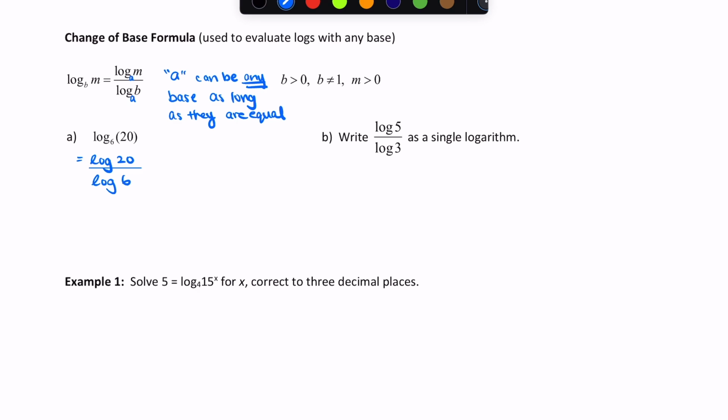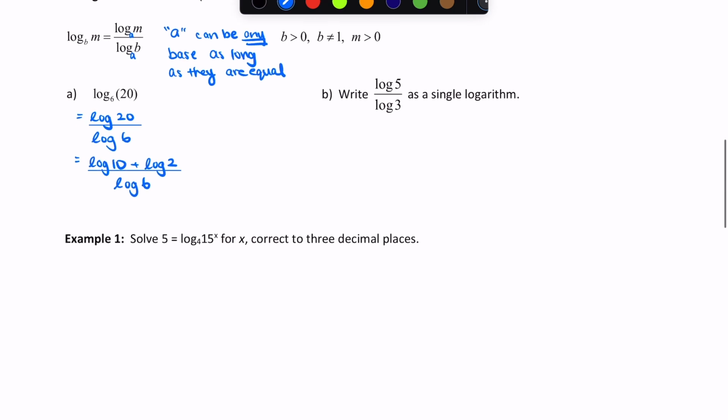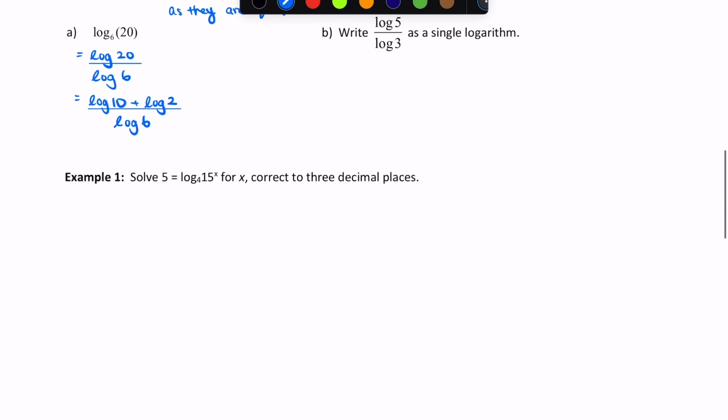You can rewrite this again, so log 20 we can split up as log 10 plus log 2, over log 6. And log 10 is equal to 1. And so that's 1 plus log 2 over log 6.